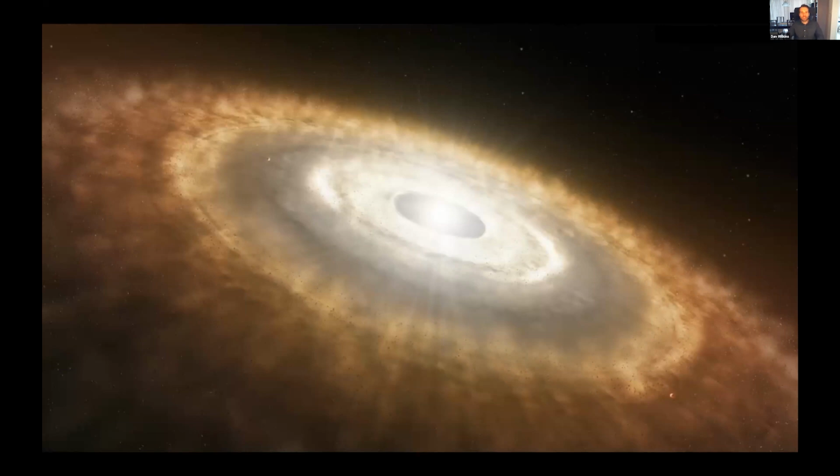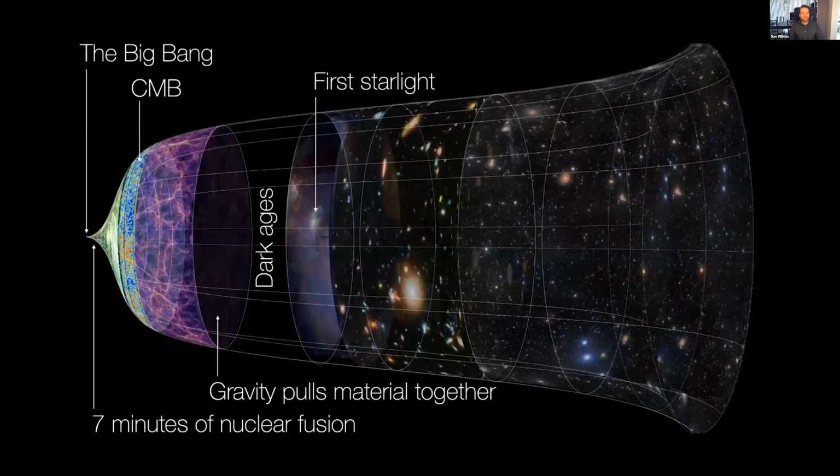Gravity keeps pulling the clouds of gas together within the galaxy, and eventually that gas gets squeezed together so much that the pressure gets so intense at the center of the cloud that that nuclear fusion process is able to be triggered again. This nuclear fusion process creates the first starlight. The first starlight doesn't appear till something like 150 million or even a billion years after the Big Bang.